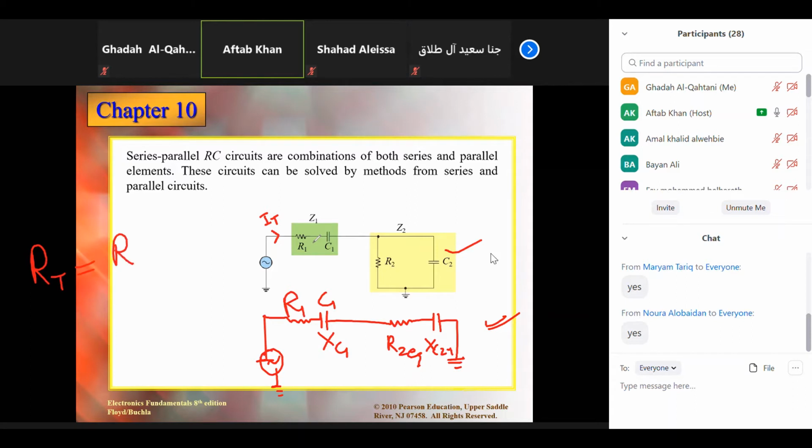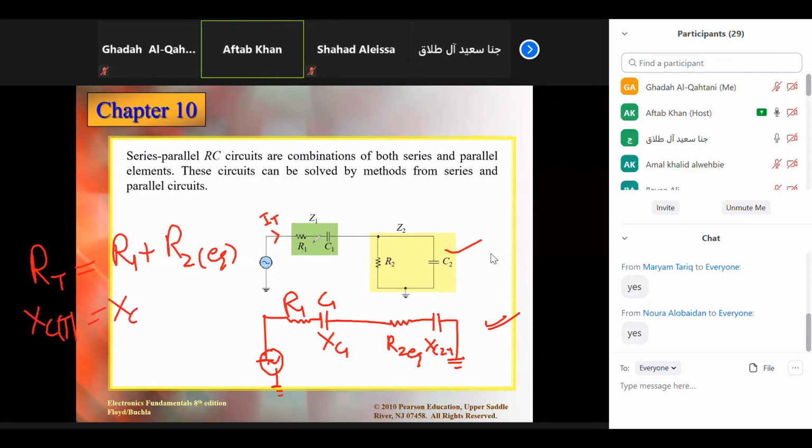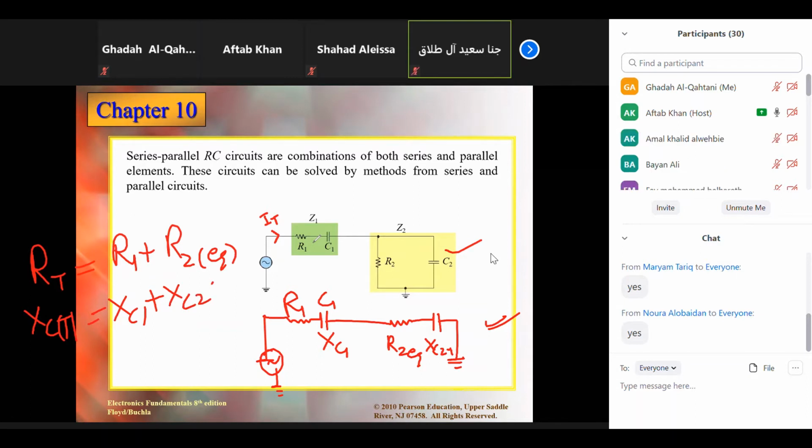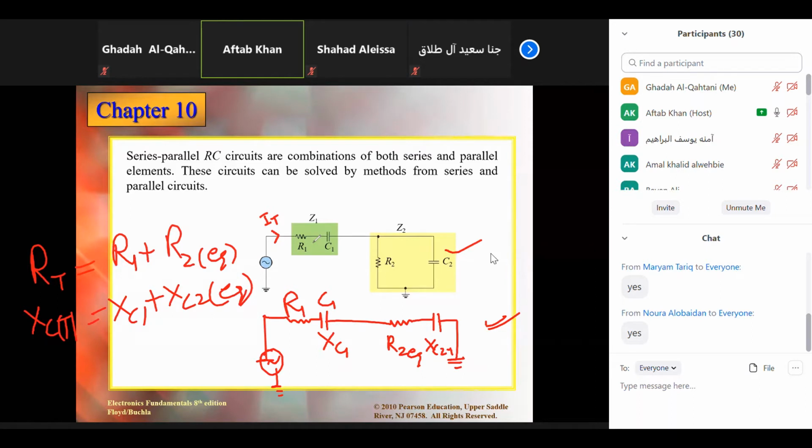RT is R1 plus R2 equivalent, right? Similarly, XCT total is XC1 plus XC2 equivalent. And we know that capacitive reactance is treated like a resistance, simple addition.